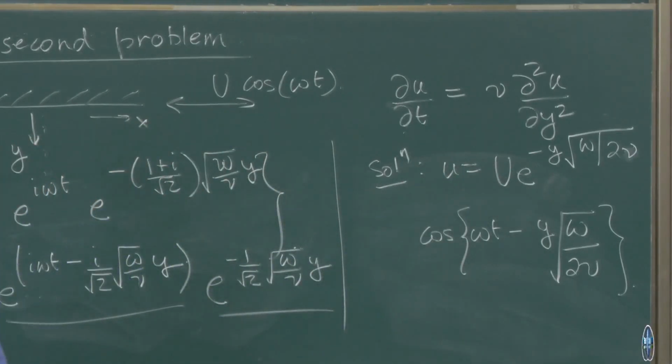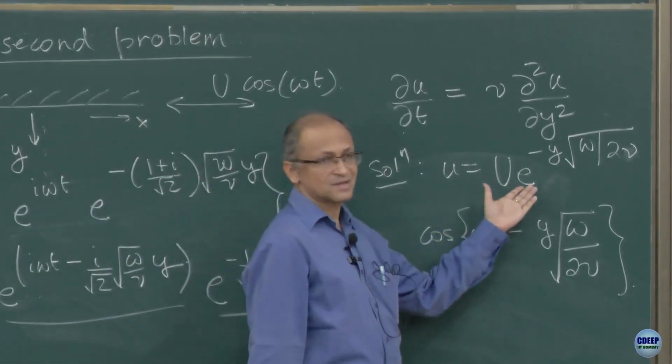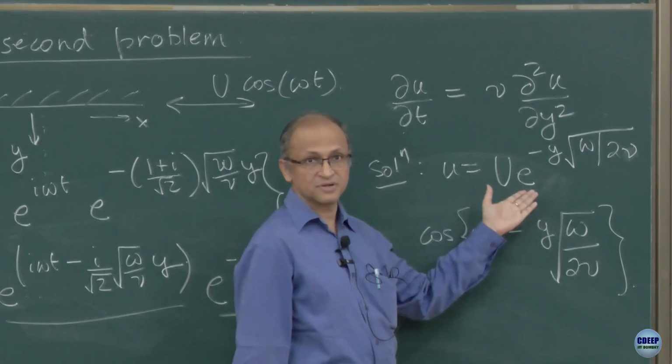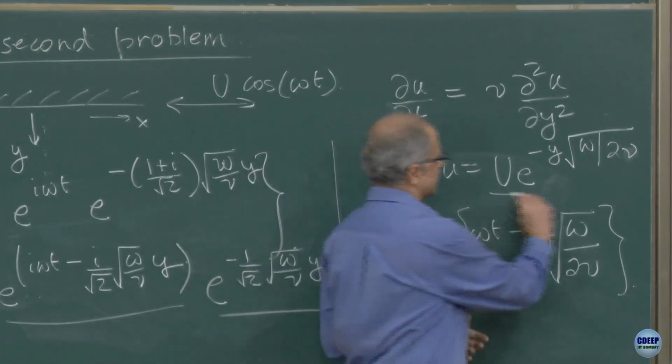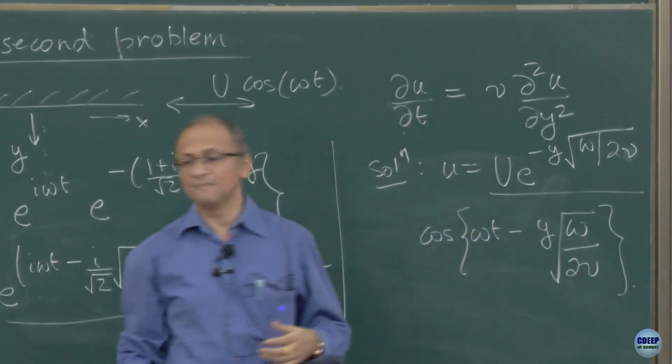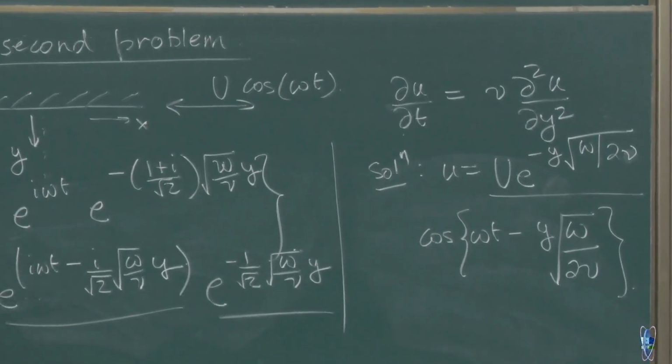Okay. And as we said, how do we interpret the solution? You can see that as you keep going further and further away from y, at larger y, this is my amplitude part. The amplitude is decreasing, as you were saying. Somebody was saying that amplitude is becoming 0 at y tending to infinity. Okay, so that's also what the solution is giving.